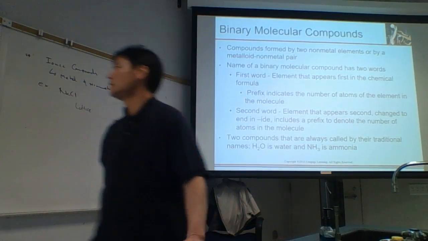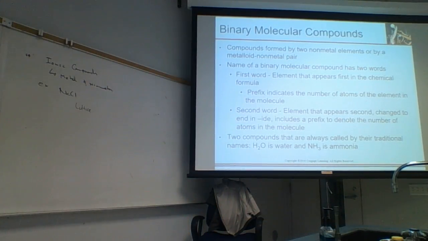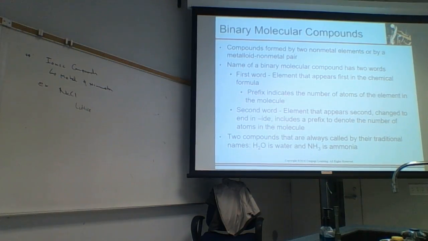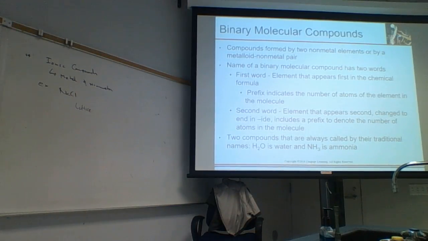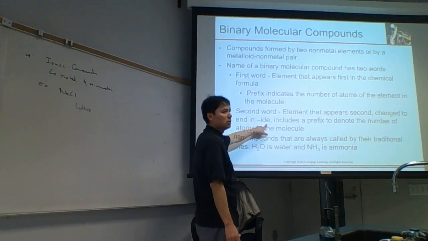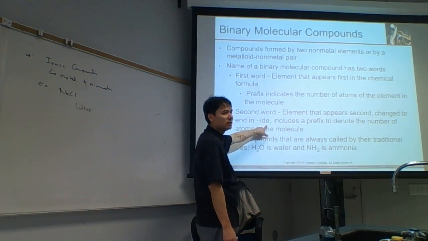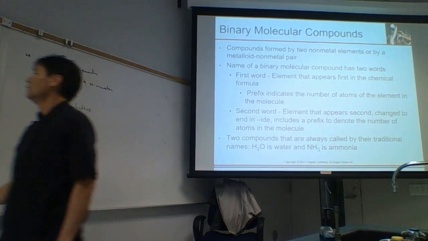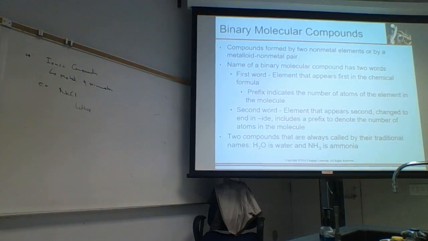So here, this is going to be dihydrogen. How many oxygens do we have? 1, so it's mono. And then it's oxygen, but we change the ending. We don't want to call it oxygenide, because that sounds funny, so we're just going to call it oxide. And so it's dihydrogen monoxide.